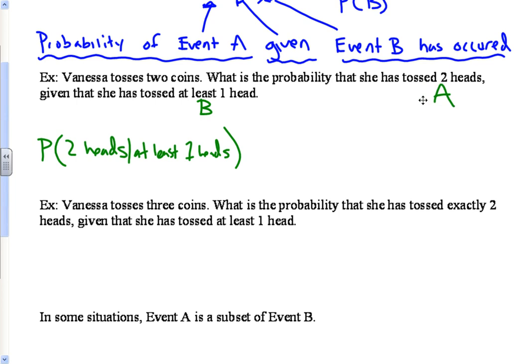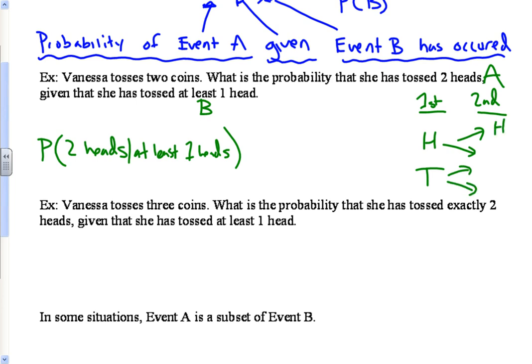Alright, a good way to illustrate this would be using our tree diagram. We have our first toss and our second toss. The first toss, obviously you have 2 options, heads or tails. Then there are 2 options for the second toss, heads, tails, heads, tails. So we know that she has tossed at least 1 heads.